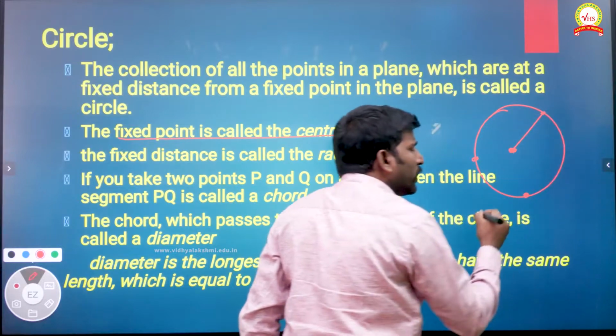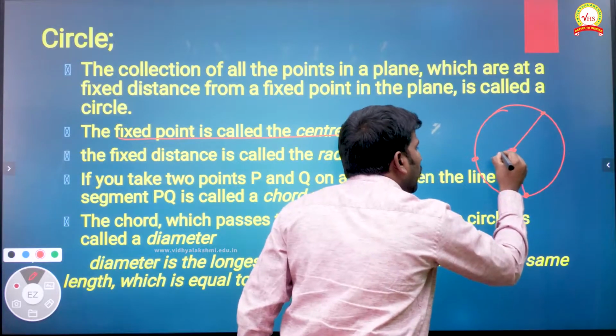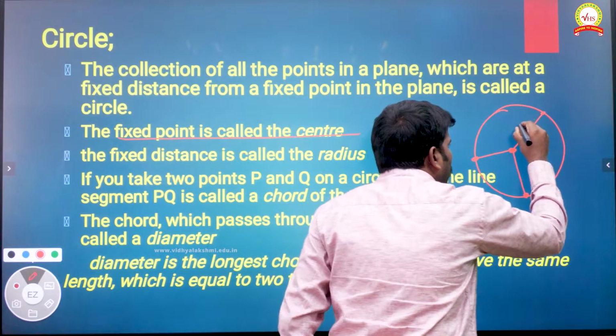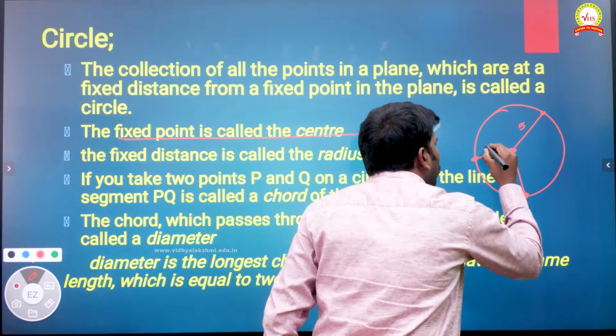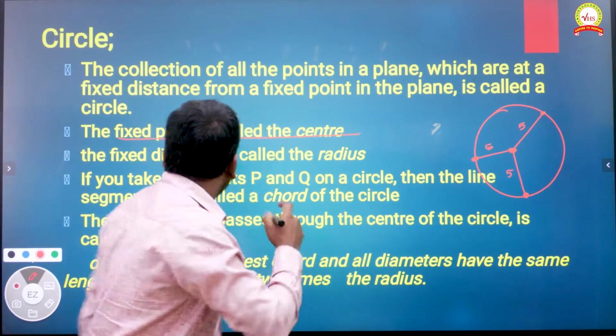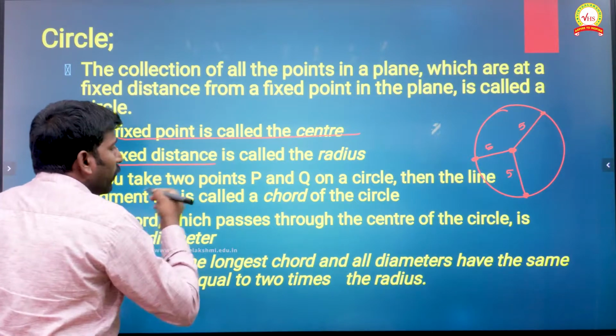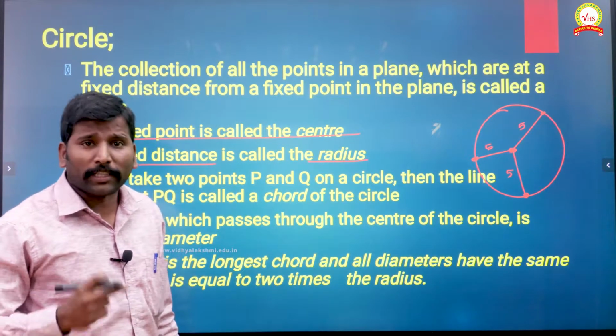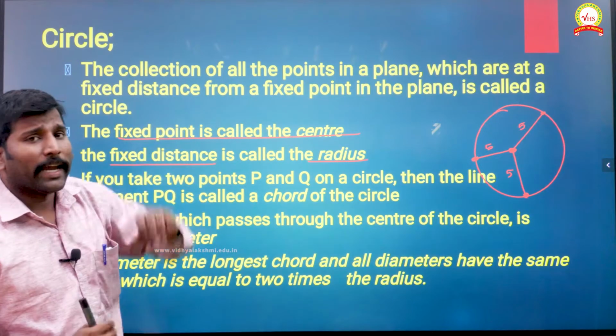When you join these two points, that is called the fixed distance. It never changes. Suppose here 5, here also 5, here also 5. That fixed distance we are calling the radius. Radius, children. This is one of the very important points in the circle chapter.